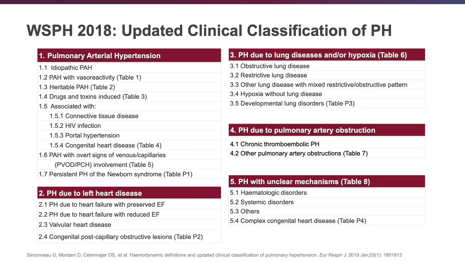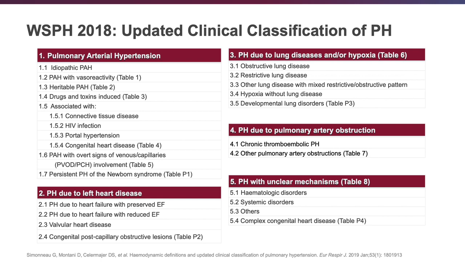From the World Symposium on Pulmonary Hypertension in 2018, we have updated clinical classification criteria of PH, where pulmonary hypertension types are divided into 5 different subgroups. Group 1 is mainly idiopathic pulmonary hypertension, connective tissue disease, drug toxicity, congenital heart disease mixed together.